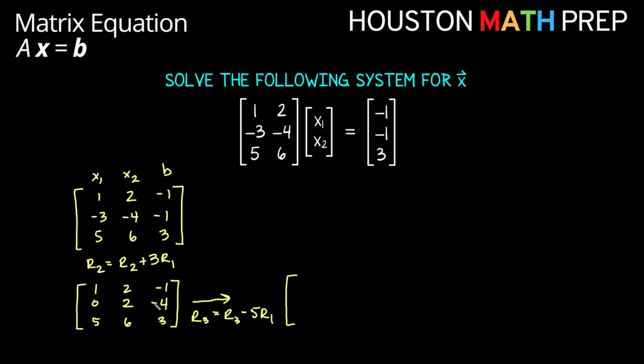And once we do that, 5 copies of row 1 gives us 5. 5 minus 5 would be 0. 5 copies of this 2 would be 10. 6 minus 10 would be -4. 5 copies of this -1 would be -5. Be careful here. 3 minus -5 would actually be like +5, so that's an 8 there. We'll go ahead and copy down the other stuff that we have.